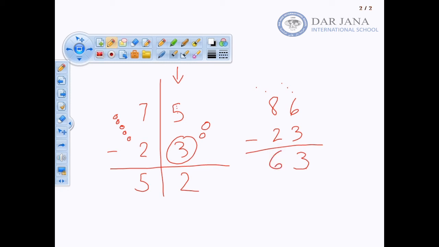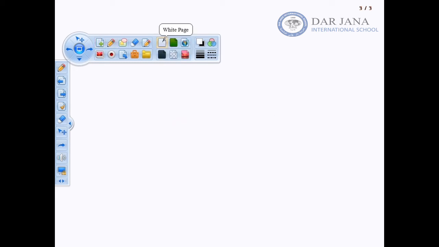Okay? Now, I'm going to give you another example. What about if we are going to subtract, for example, 89 minus 39. Okay? What is 9 minus 9? 9 minus 9, we are going to take away them all, so it means 0.